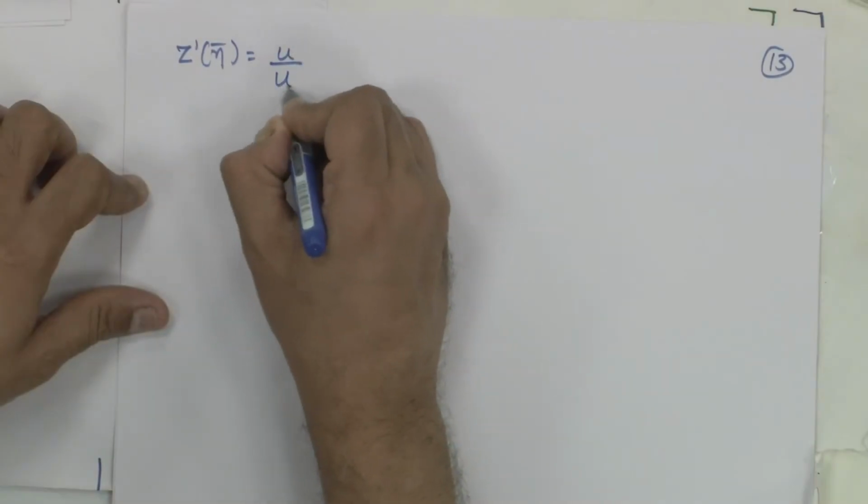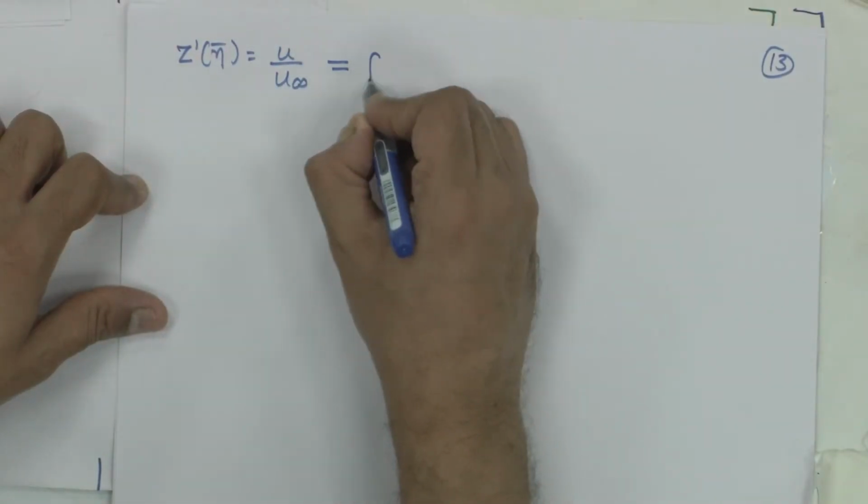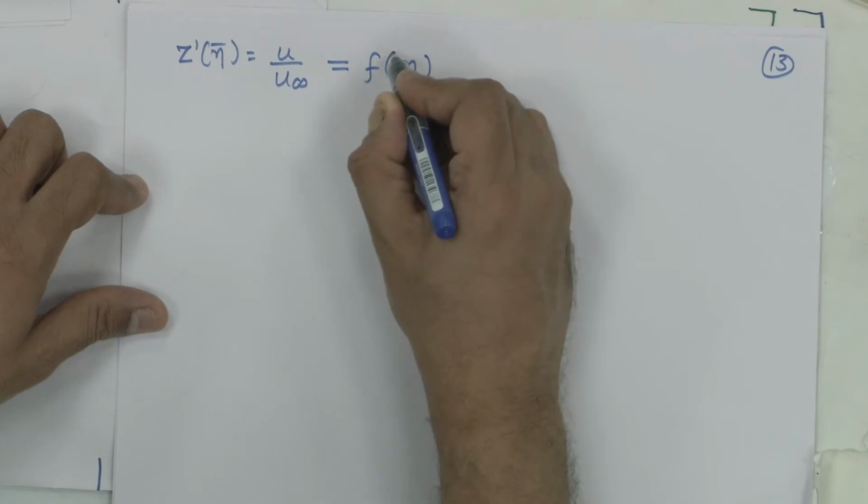And now we have this 2 minus beta etc. sticking everywhere. So, we will just do a little bit of cleaning up and write the equation in a form we like. So, recall z of eta bar is u over u infinity. Let us call this now f prime of eta.